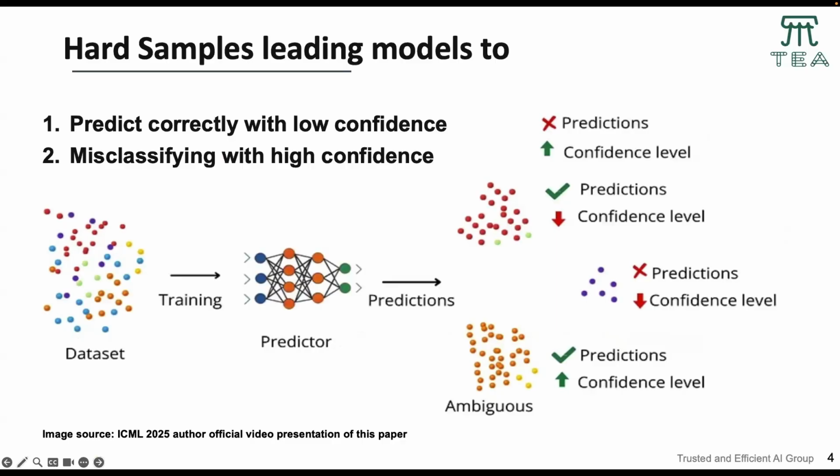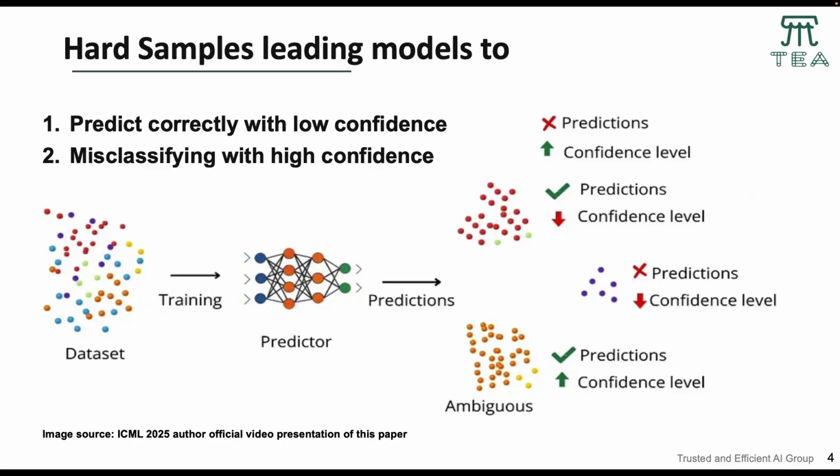So let me first introduce what hard samples are. Hard samples usually refer to those data points that models don't learn from in a reliable way. Some cause the model to be very confident, but it actually predicts wrong.